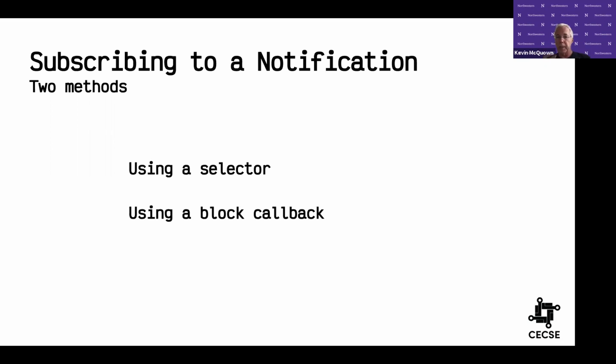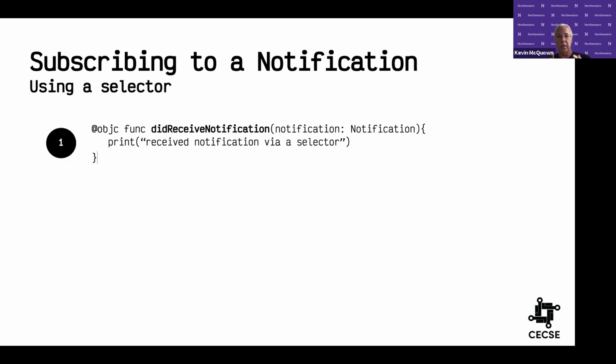But we now have block callbacks that are very cool. You can do this in JavaScript, you can do this in Python, and you can do it in Swift. And I'm going to show you the 2 different ways to do this and why I prefer the block callback as well. So if we look at the selector, this is the code.